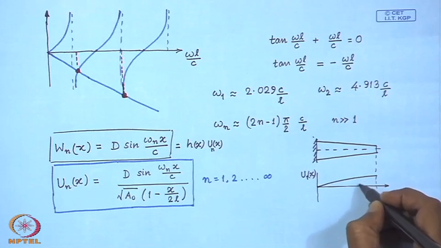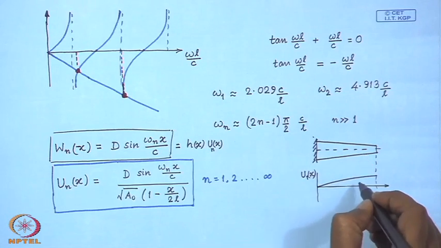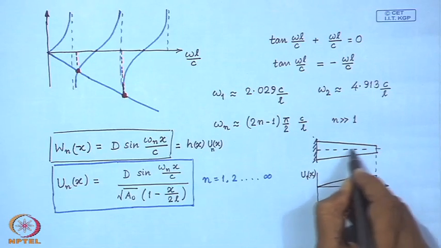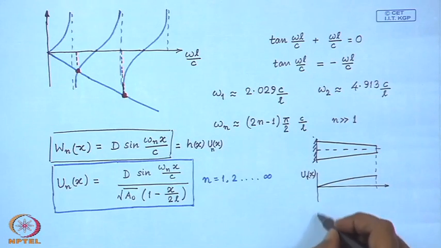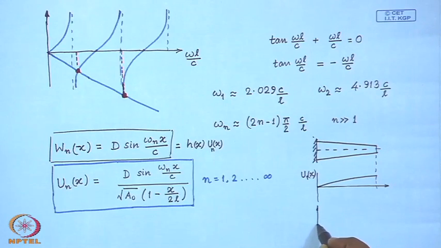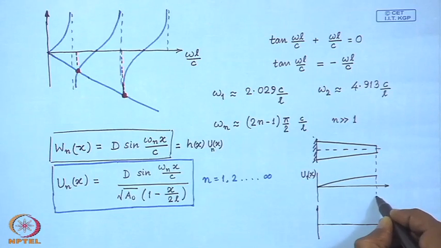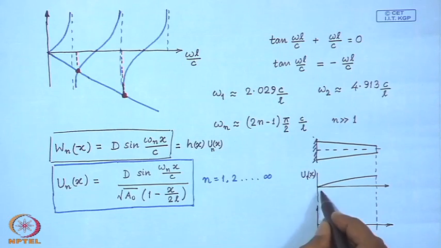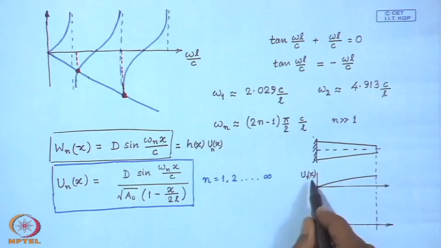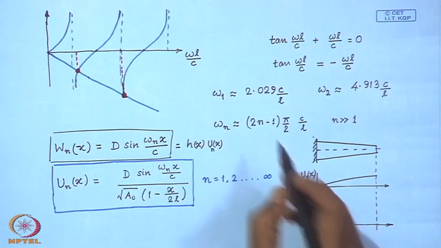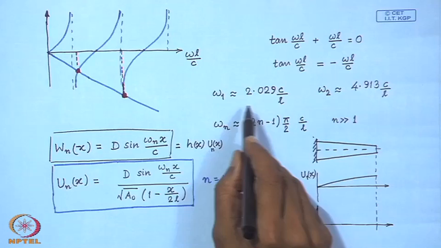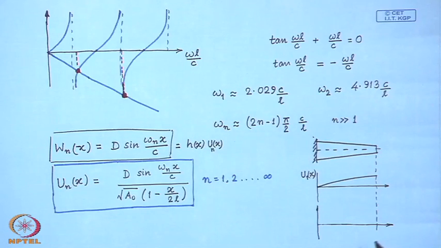The amplitude function represents the axial displacement of the bar. So, this is the first mode of vibration with the circular natural frequency given here.